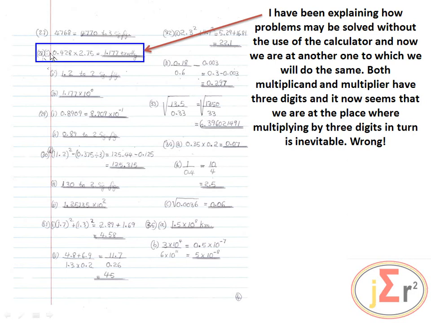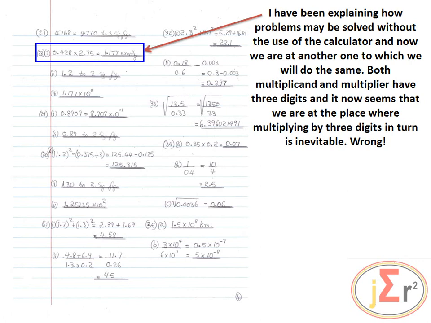We are multiplying 0.428 by 2.75. 1, 2, 3 digits. I am making an attempt at this problem, solving it without the use of a calculator.